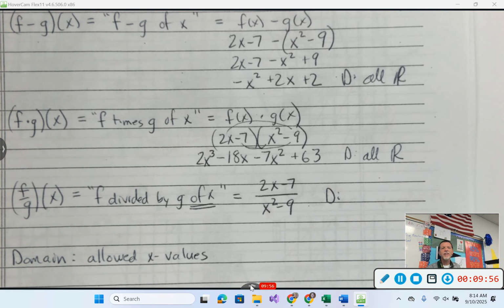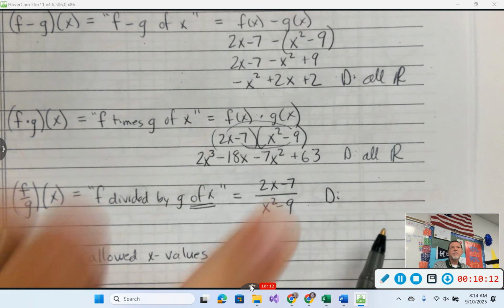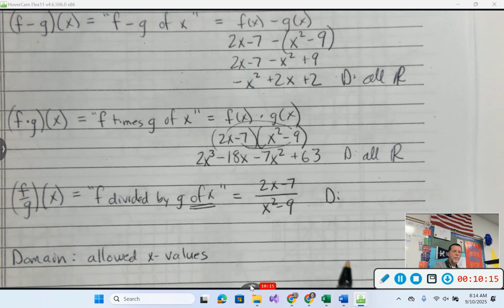Well, this last one's not all real numbers. What would be a problem? 0. Why would 0 be a problem? Like, I can plug in 0 and be okay, but it is related to 0 that's a problem. Like, if I plug in 0, I get 7/9. That's okay. But the issue is definitely related to 0.